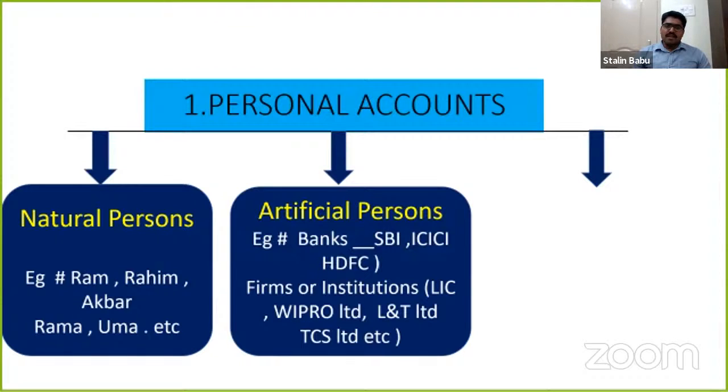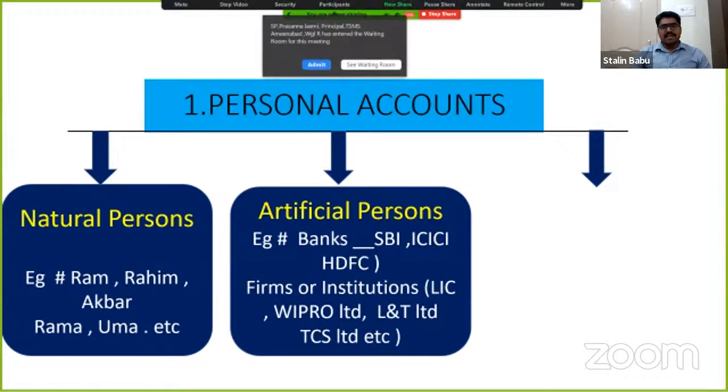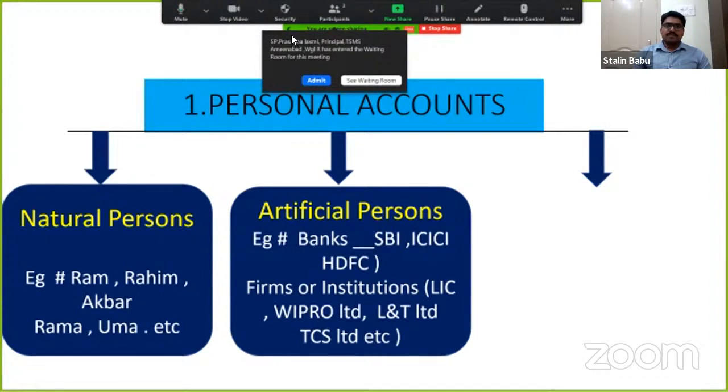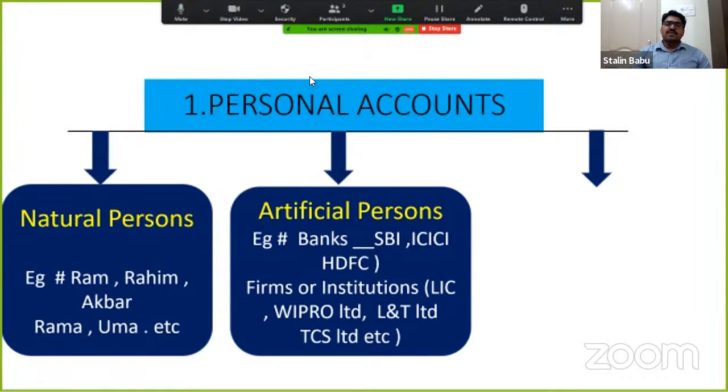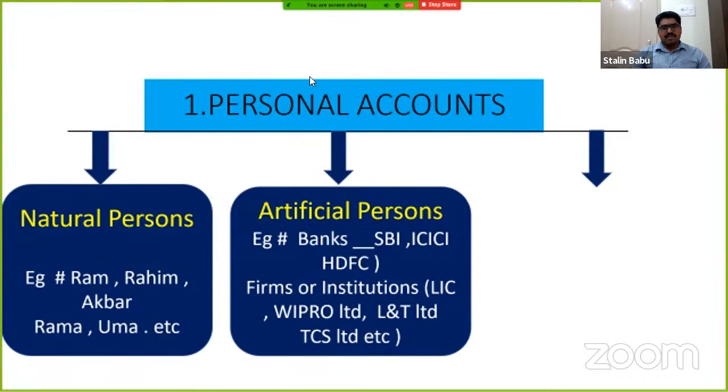Examples: banks like State Bank of India, ICICI Bank, HDFC Bank, and firms or institutions like LIC, Wipro Limited, L&T Limited, TCS Limited, etc., and universities like Kakatiya University, Osmania University, Satavahana University.